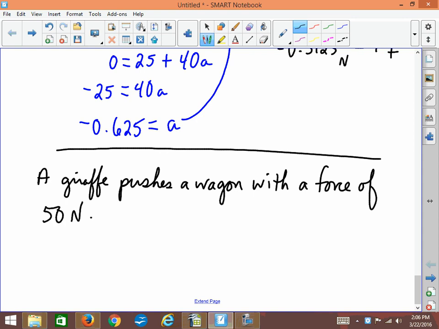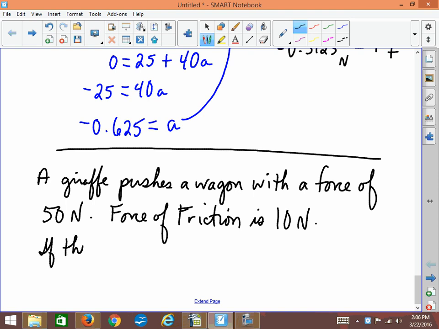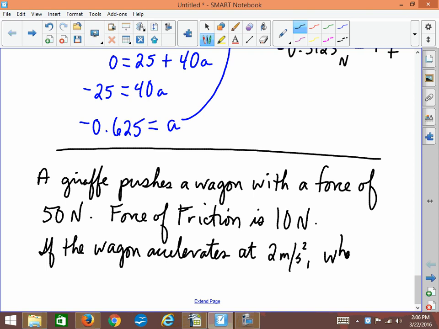Okay? Force of friction that's working against him is 10 newtons. And the question wants you to find out if the wagon accelerates at 2 meters per second squared, what is the mass of the wagon?